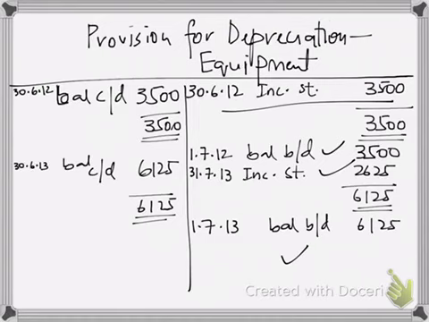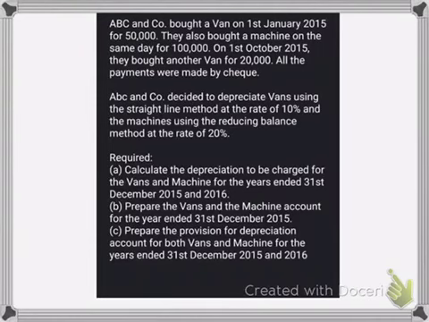So now what I would want you to do is calculate depreciation first of all, and then record that depreciation for an example that I'm going to share with you just now. So guys, this is the question that I want you to attempt.